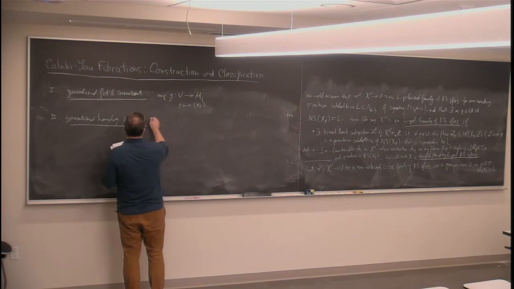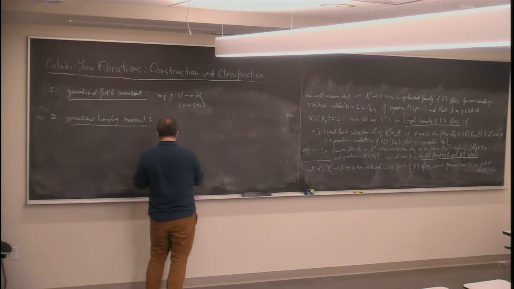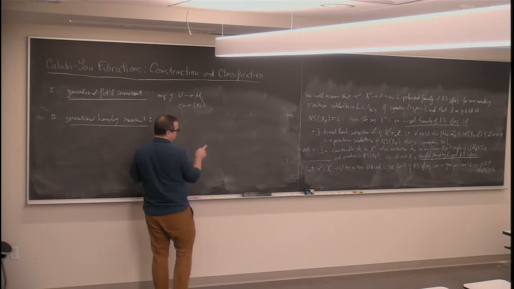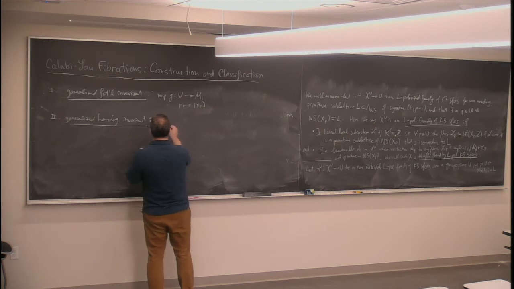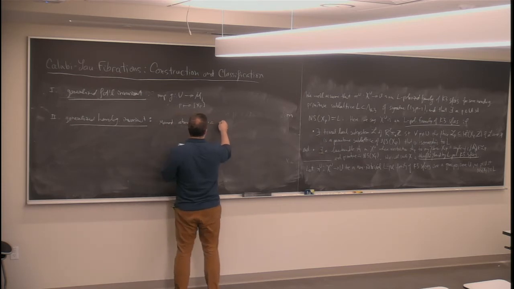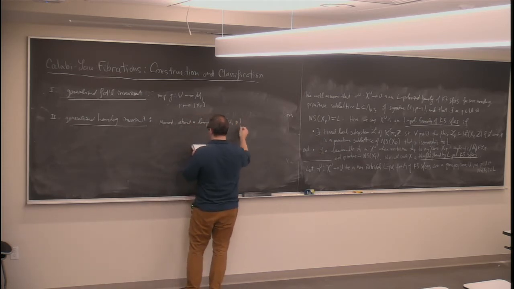Which is defined as follows. It's a little more complicated. So first of all, with P as before, the fiber where the Néron-Severi is actually isomorphic to L, we do monodromy about a loop in pi_1(U, base point P).